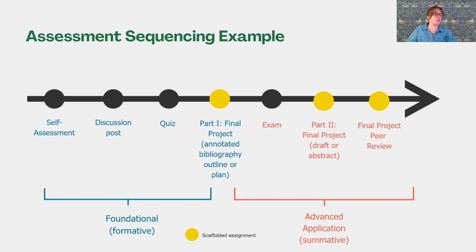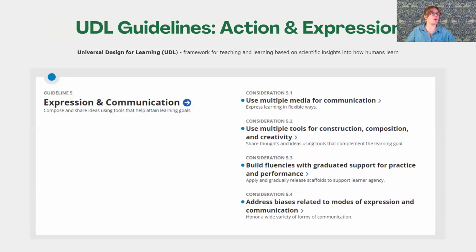So it's a good practice for lots of different reasons, but I think especially in the age of AI, when the risk and the potential for offloading written or writing-focused assessments to AI is higher.